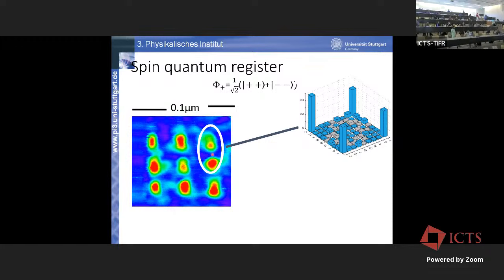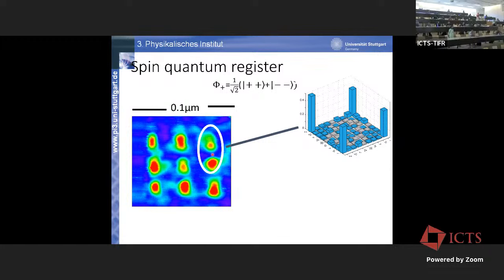By applying a magnetic field, I can also control the interaction? Yes, absolutely. It's a spin triplet, so it's not only spin up and down, but also a mixture between up and down, which has zero magnetic moment. When you are in this state, you can switch off the interaction. So it's a switchable interaction.